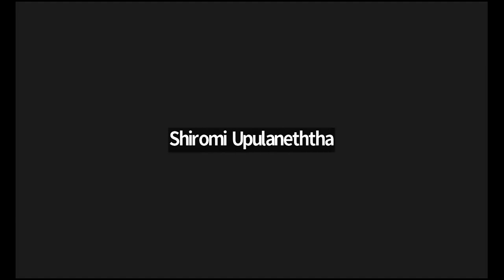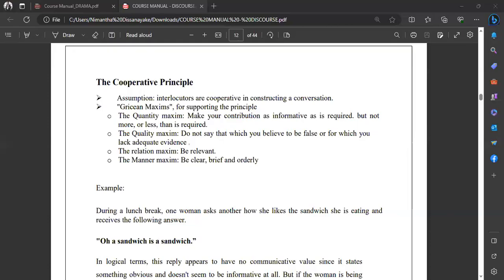So hedges can be defined as words or phrases used to indicate that we are not really sure that what we are saying is sufficiently correct or complete. We can use words like sort of, kind of as hedges on the accuracy of our statements.